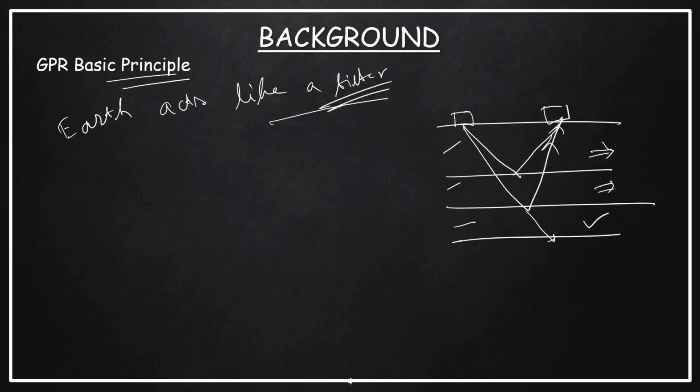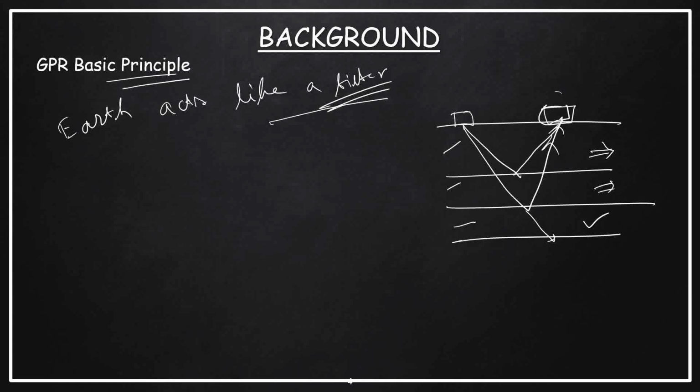These modifications depend on material properties like the dielectric constant and the conductivity. I think in my previous videos I have already covered that. I'm reminding you again. Depending on the dielectric constant value and the conductivity value, your signal will be constantly modified, and whatever you will be receiving here will be a different, modified signal.